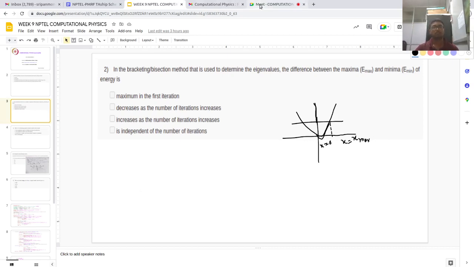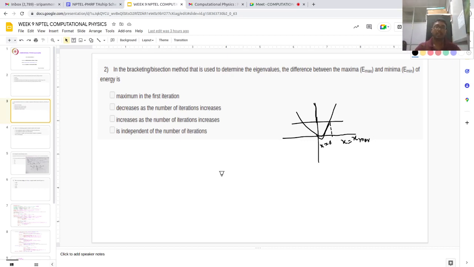Hello. I'm not sure, sir, for this question. Okay. So basically, the bisection method is used for finding the eigenvalue. Initially we give two initial guesses for E min and E max, and then we compare with our estimated energy, knowing how many nodes we expect for that particular energy level.